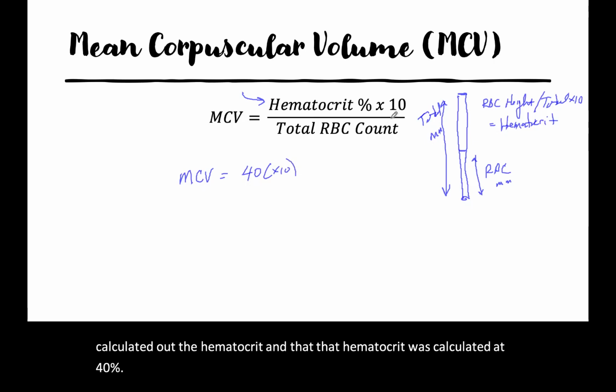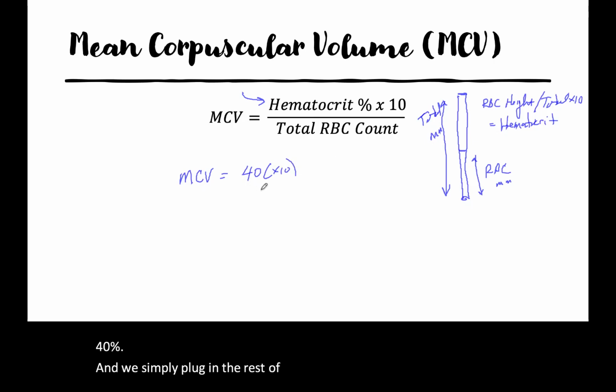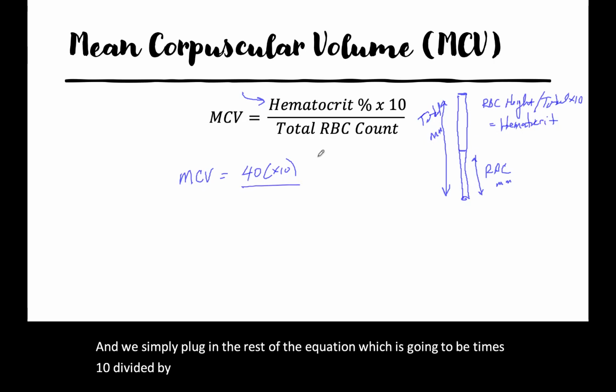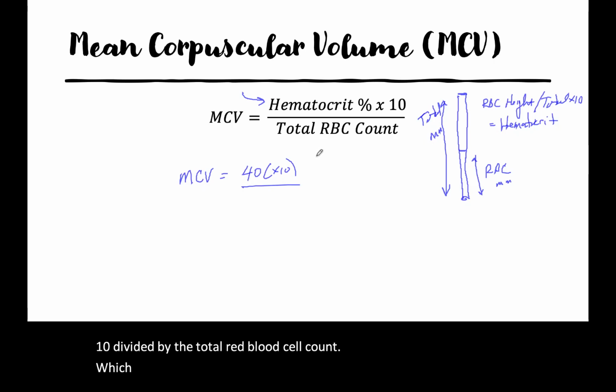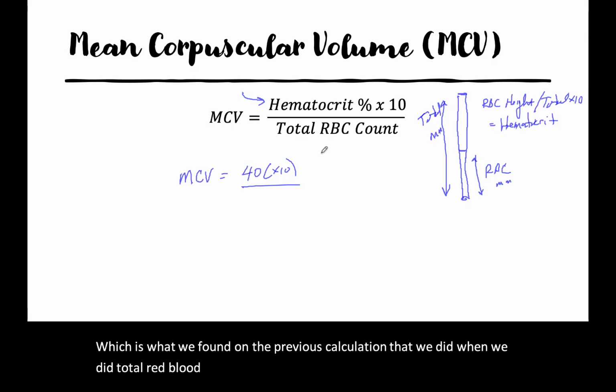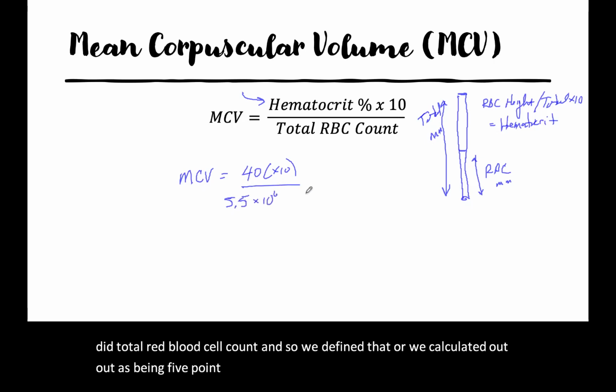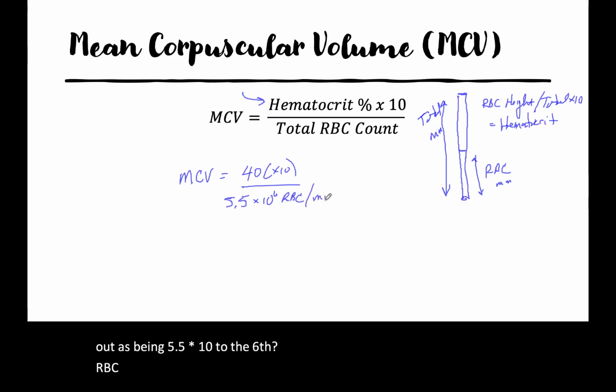And we simply plug in the rest of the equation, which is times 10, divided by the total red blood cell count, which is what we found on the previous calculation: 5.5 times 10 to the 6th RBCs per millimeter cubed of blood.